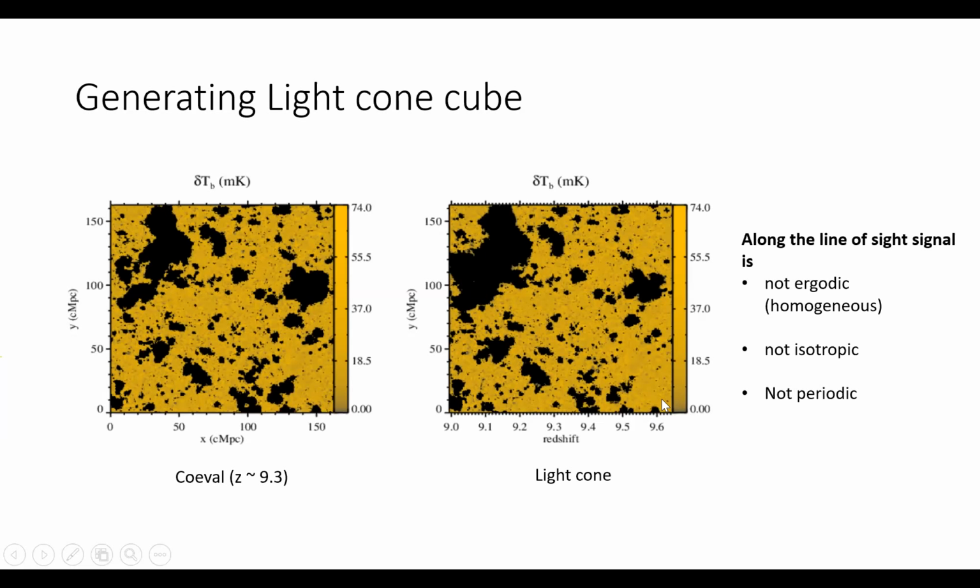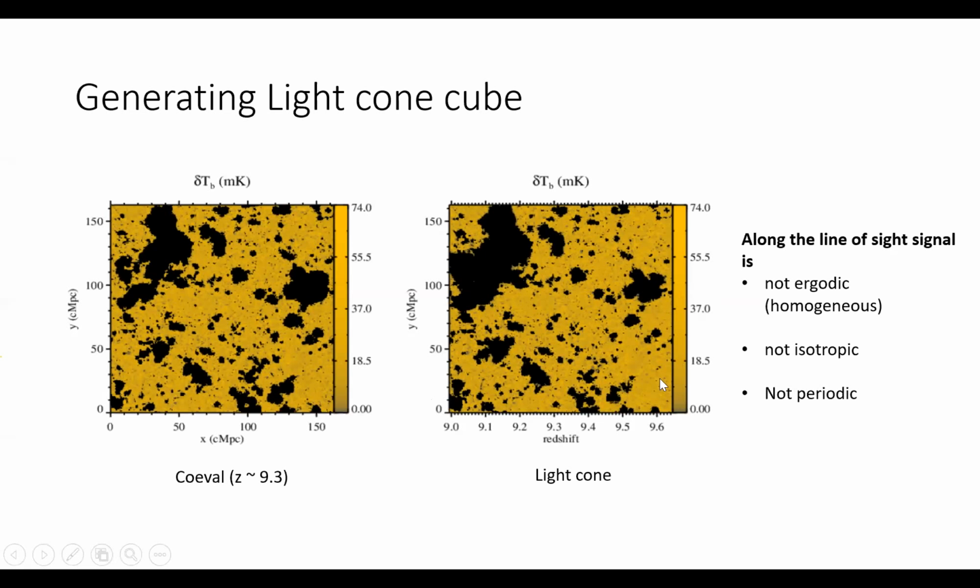It could change from case to case, but the near end is always at lower redshift, and the far end is always at higher redshift, that is earlier time. And during that time, your universe could change drastically. So you break your homogeneity.